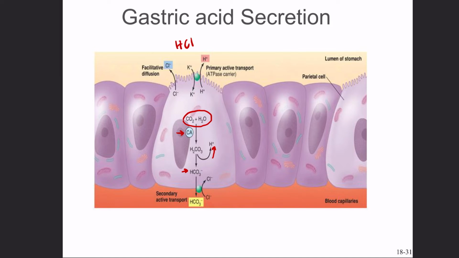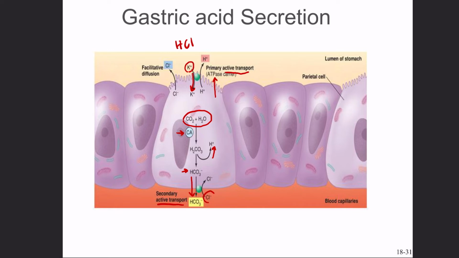Those hydrogen ions get carried out the apical side via primary active transport, and potassium gets carried in. And so this is active. Requires ATP. And then bicarbonate gets carried into the blood, and this goes via passive diffusion. So this is a co-transporter. This is via secondary active transport.